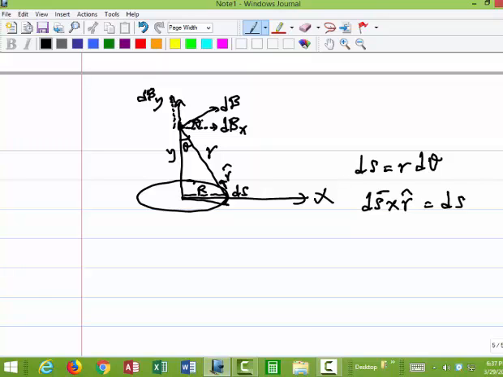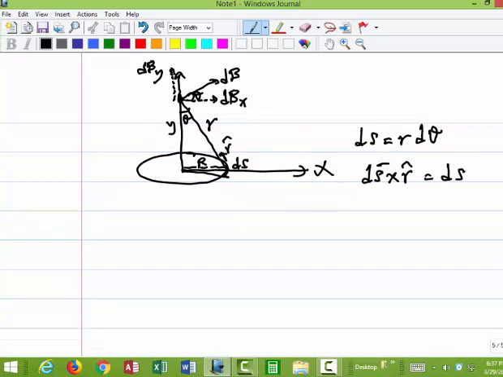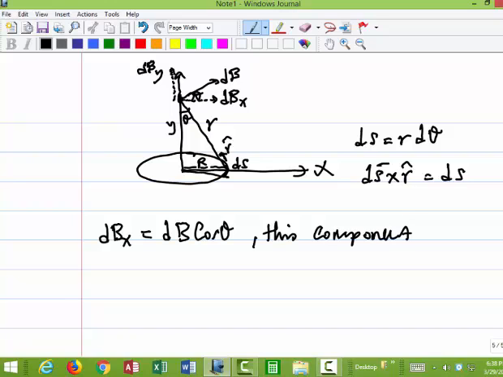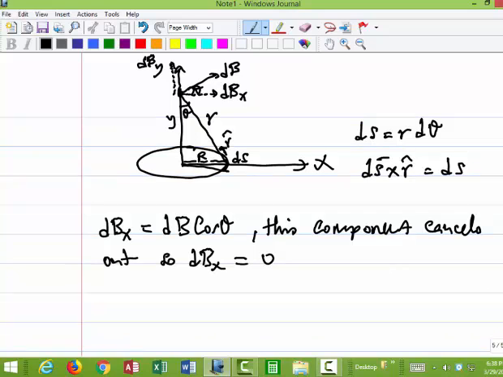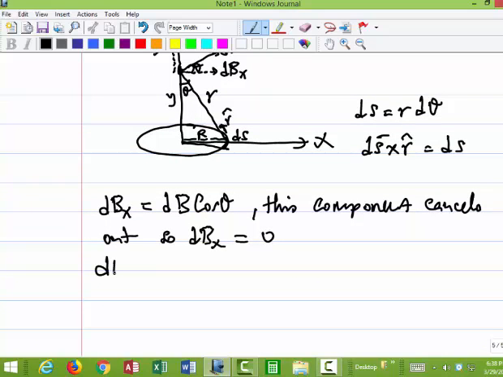So then I'll say that dBx is equal to dB cosine theta. This component cancels out. So dBx is equal to 0, because the x component all the way around the loop will cancel out. And then dBy is equal to dB sine theta. This is the component we shall be working with.